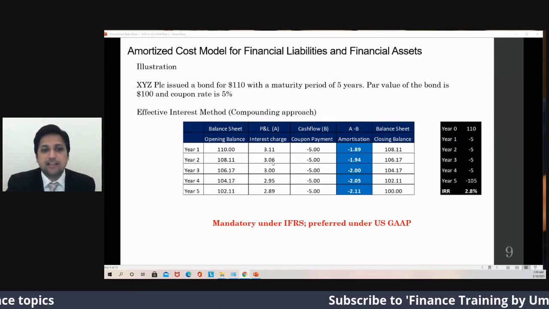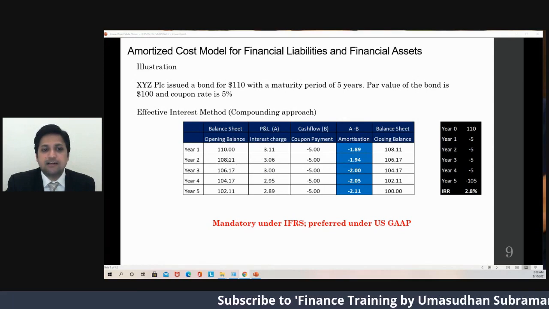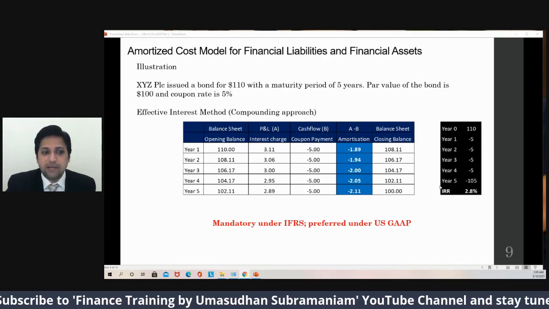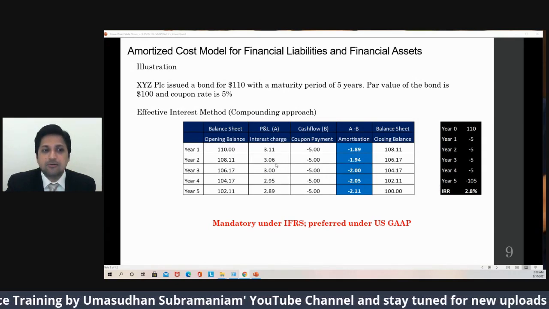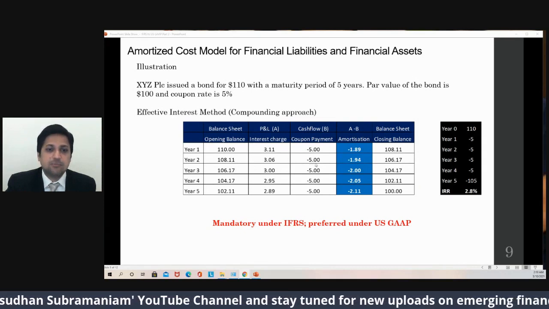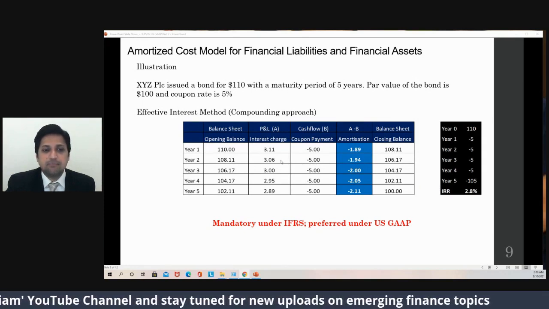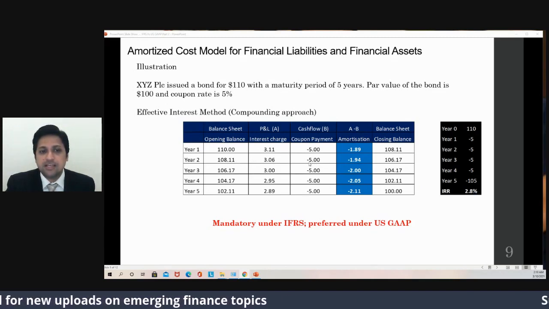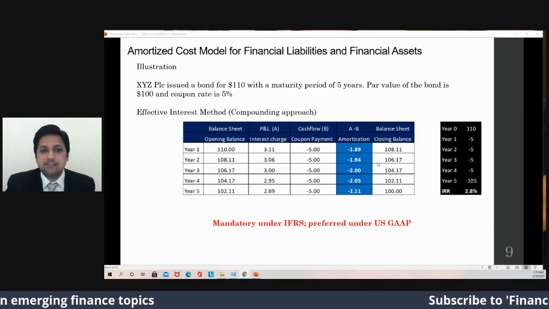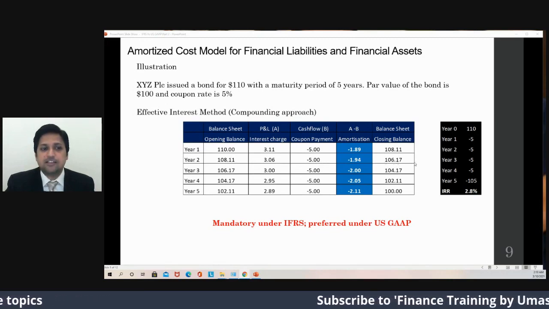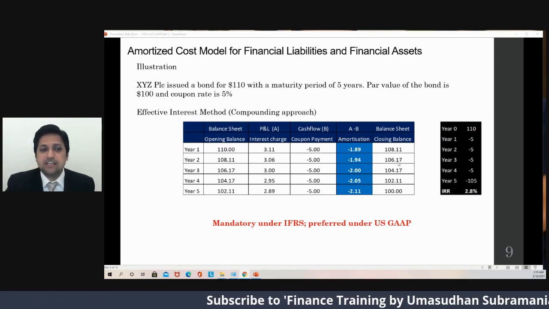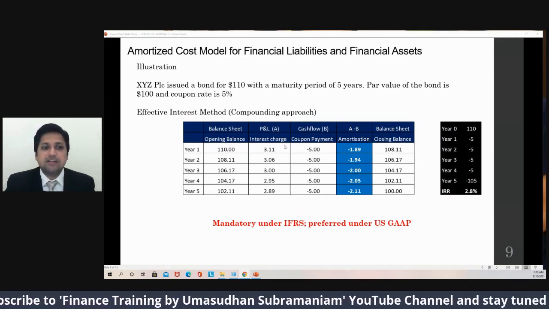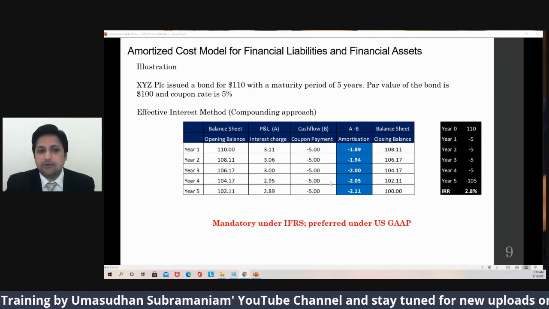Again, you calculate the interest as the opening balance times the effective interest rate, 2.8%, which gives you $3.06, and then you have a coupon payment of $5. So what's going to happen? 108.11 plus 3.06 minus $5 gives you 106.17, and that becomes the amortized cost at the end of year 2. And you continue the process all the way up to year 5.